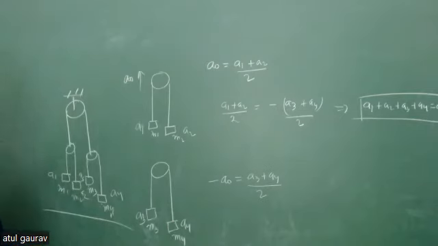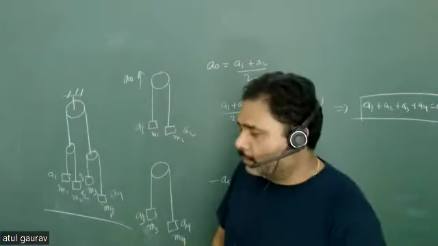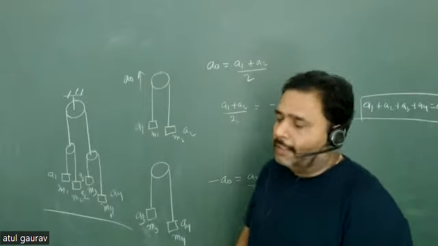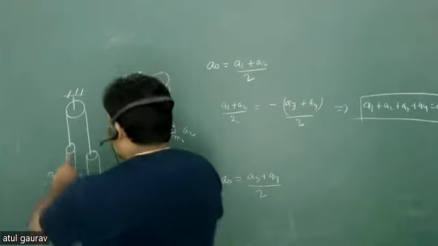Yes, sir. Okay. And what will the tension inside this be? T1. What will the tension inside this be? T2. So you have to write that the number of variables must be equal to the number of equations. And sir, T1 and T2 will also be the same?